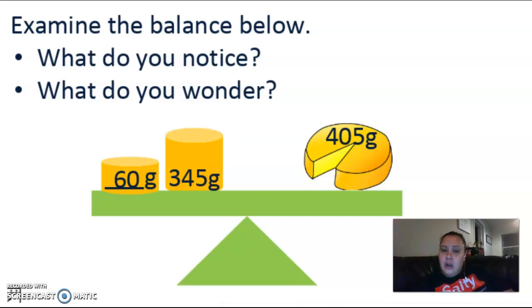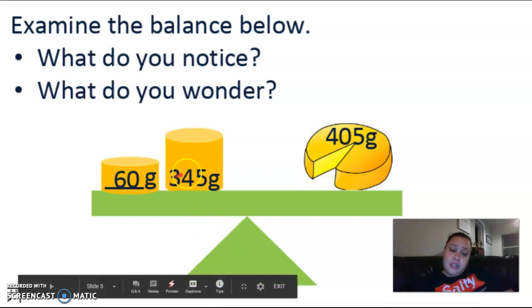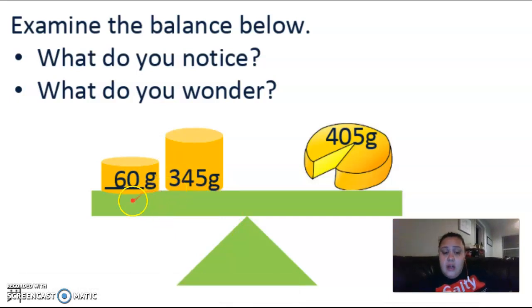But how can we check our work? One way is to add these 2 and see if they are indeed balanced and equal. These 2 numbers should equal 405. If I add this up, 45 plus 60 is 105, and if we add it to the 300, it is 405. So they are equal. Okay?